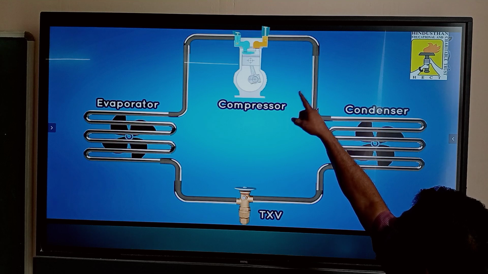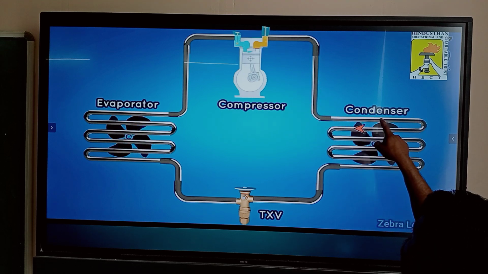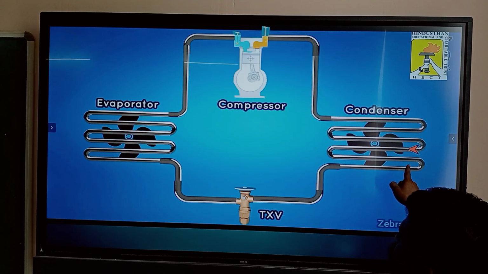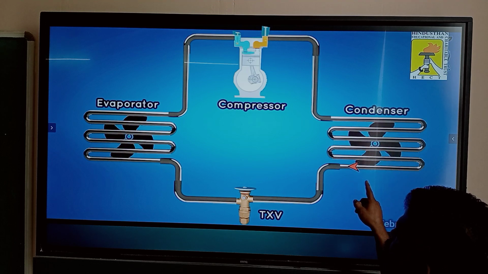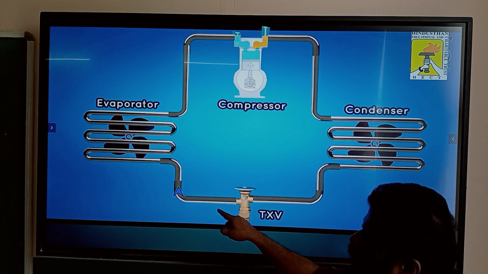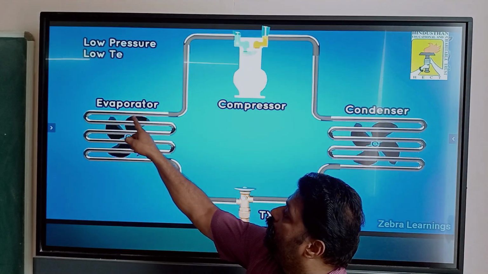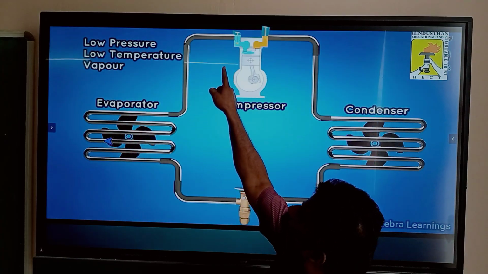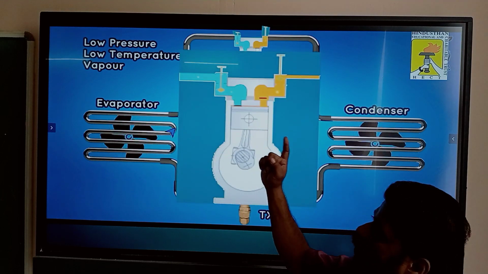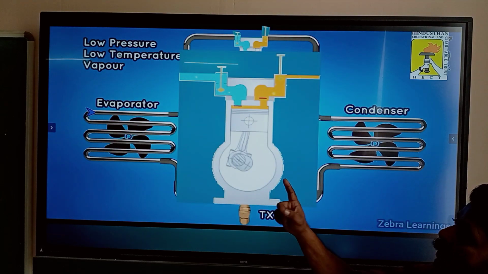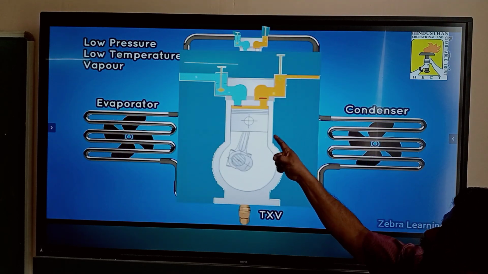The refrigerant outlet enters the condenser first, then passes to the expansion valve, then to the evaporator. Low pressure, low temperature vapor enters the compressor.